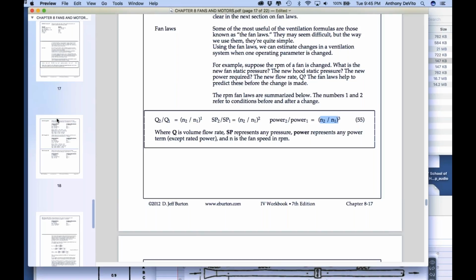These formulas help you figure out how much you have to increase the RPM and how much bigger a motor you need. They relate the difference in RPM before and after to the difference in the quantity of air, the fan static pressure, and the power needed to drive the whole thing. Just so you know those formulas are there. We don't need to worry about that now.